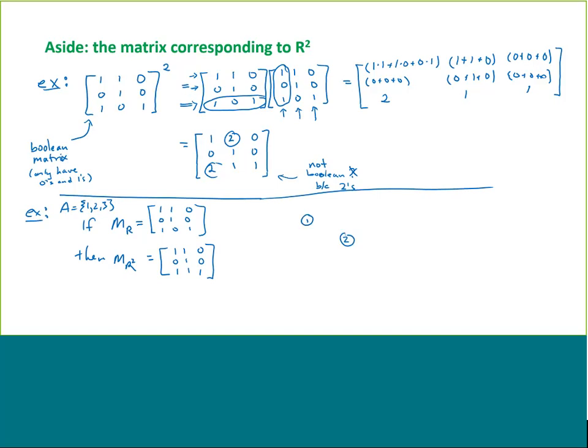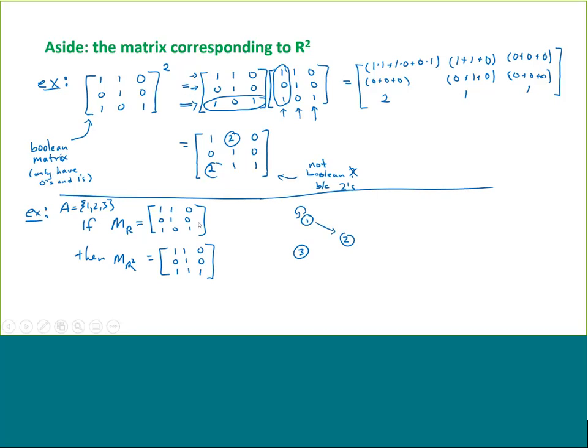So if you have 1, 2, and 3, what does this matrix tell you? Top row would correspond to vertex 1. So this tells you in the first position that you have a loop at 1. Second position tells you that you have an arrow that goes from 1 to 2. Next one is on the second row.